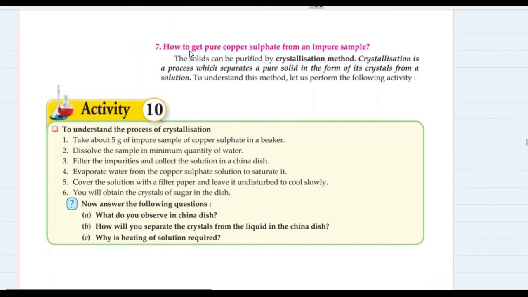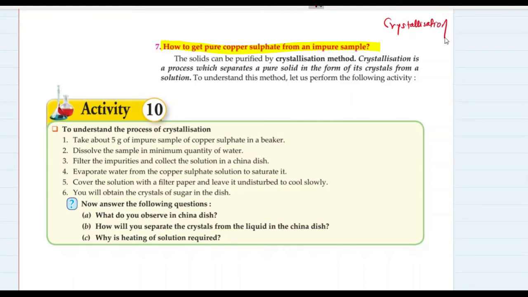Then there is the next method to get pure crystals out of a solution of solid and liquid. Okay, so here we have been given an example of obtaining pure copper sulfate from an impure sample. So the method is known as crystallization.